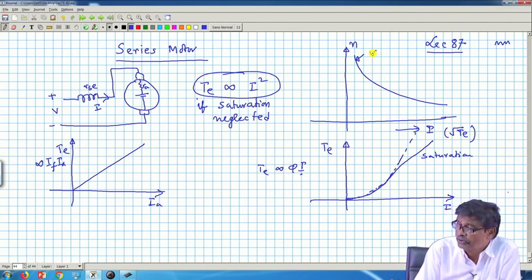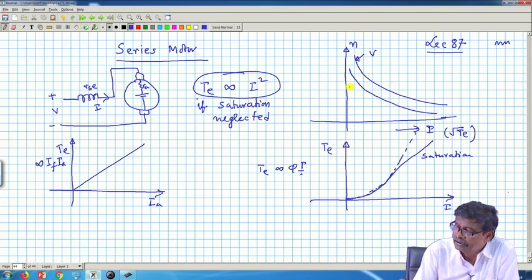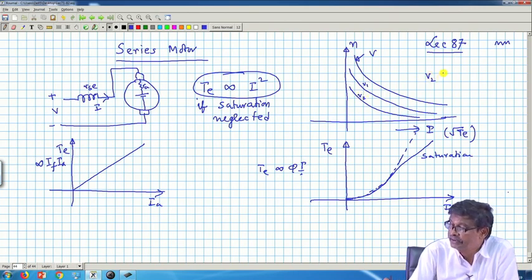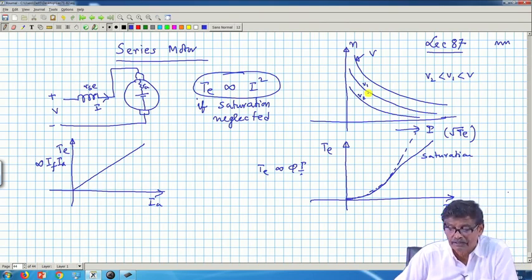And if you want to control the speed, you can get a family of curves with V 1, V 2, so that V 2 is less than V 1 less than V, where V is the rated voltage.